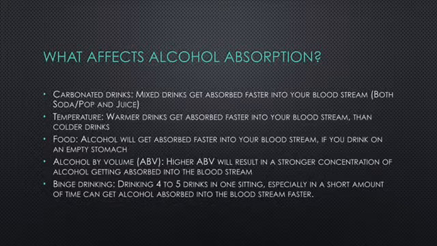Temperature: warmer drinks get absorbed faster into your bloodstream than cooler drinks, which makes sense. And food: of course you'll get drunk quicker when drinking on an empty stomach. And of course the ABV: the higher the ABV, the stronger the concentration of alcohol getting absorbed into your bloodstream, so you'll get drunk quicker if you drink something with a higher ABV.